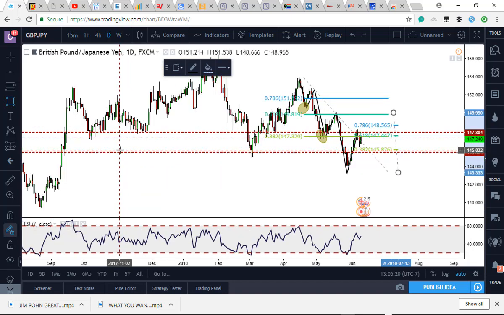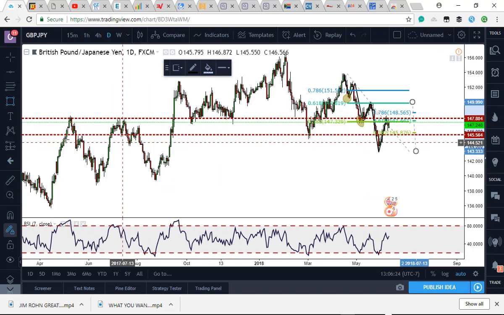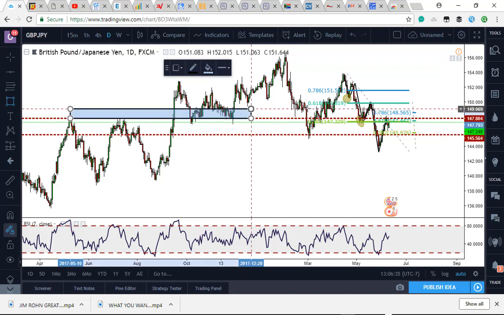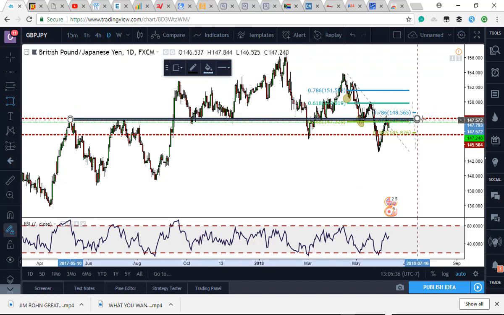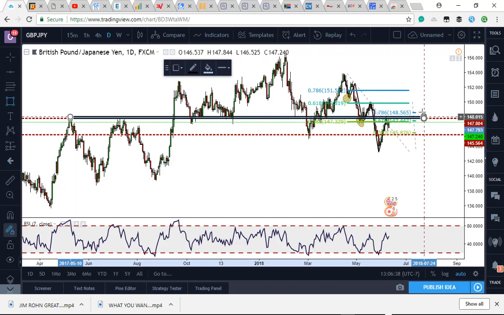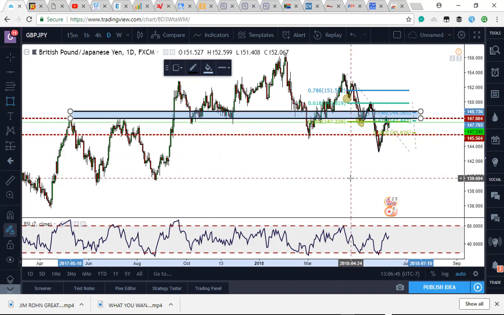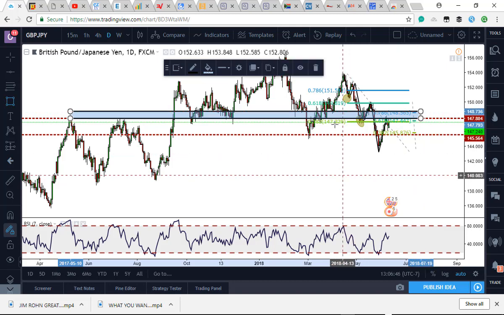Looking back to where we find more structure, as you can see, we have a nice support, we have a nice resistance, and if we drag our tool back, this is where we have a significant structure level, and this is where price action is most likely to react, as we have a significant imbalance between buyers and sellers at this point.